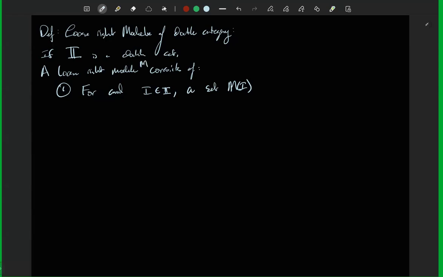A loose right module M consists of a set M_I. For any tight morphism F from I to J, and M naught in M_I, M1 in M_J, we get a set, maybe M_F(M naught, M1).